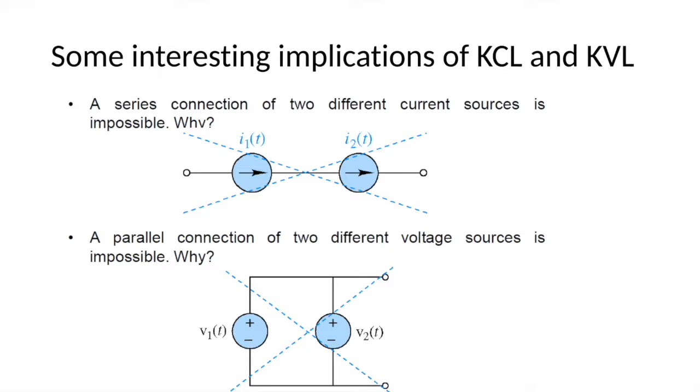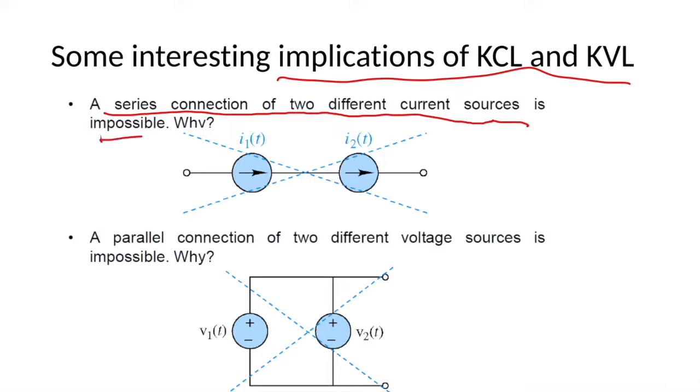Okay, now we have some interesting implications of KVL and KCL. A series connection of two different current sources is impossible. Why? Because in series, the current I1 must equal I2, but for different current sources, their currents are different, so it does not satisfy the requirement.